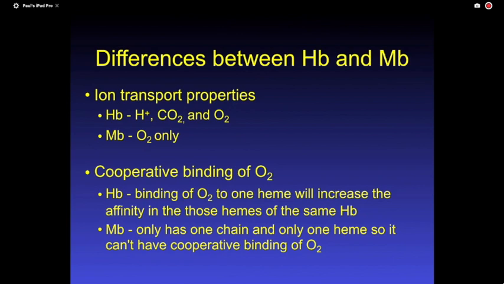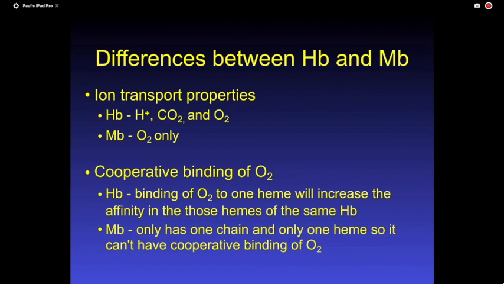Now, this word cooperative, okay, hemoglobin binds to oxygen cooperatively. Okay, what does this mean? The first oxygen to bind to hemoglobin of potentially 4 takes a lot of energy to bind. But the second one, okay, once the first one's formed, hemoglobin's affinity for oxygen actually increases.